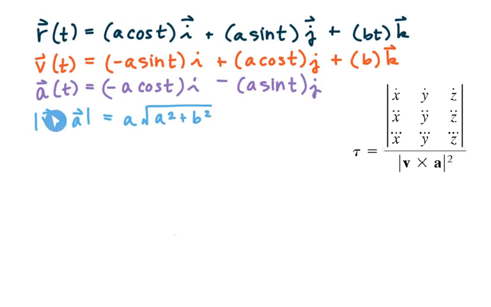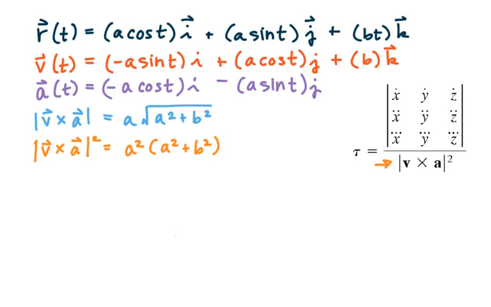I'll square that. That's going to give me A squared times A squared plus B squared. So I know what goes in my denominator. I just need to find the determinant here.